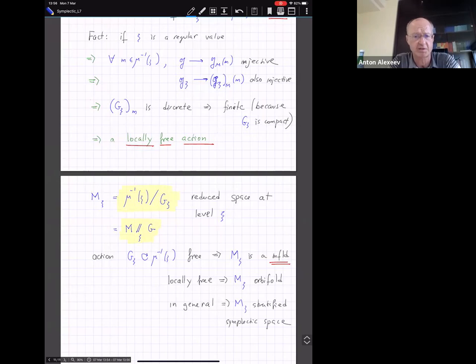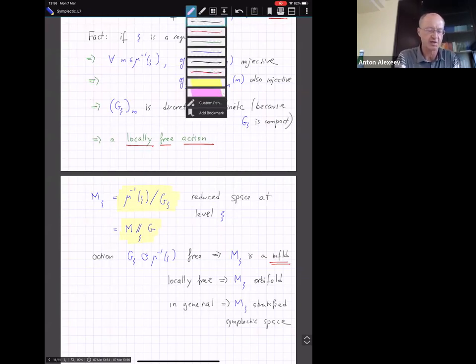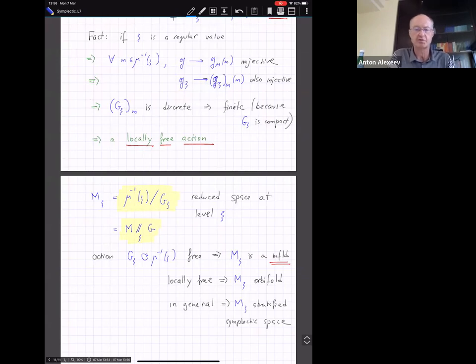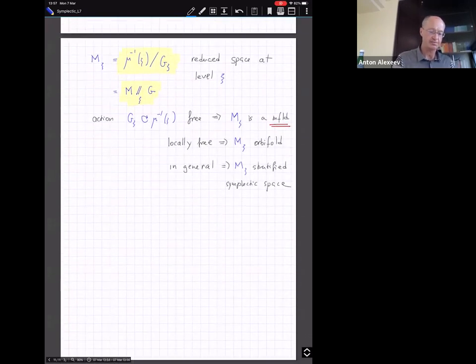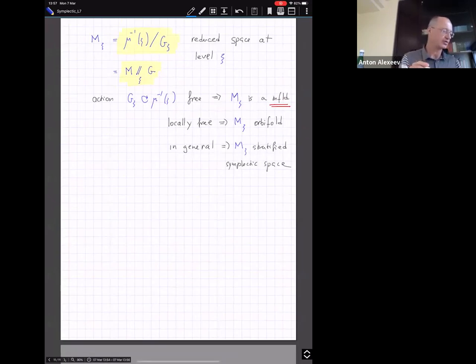This involves a rather technical and complicated definition of what that means. There is a stratification. Each stratum is a symplectic manifold, but those strata fit together in some way. There are already quite serious singularities. And this is also a big theory, right? What kind of singularities may occur, what to do with those singularities, how to deal with them in applications. So it's a big story. But for us, let's formulate the theorem.